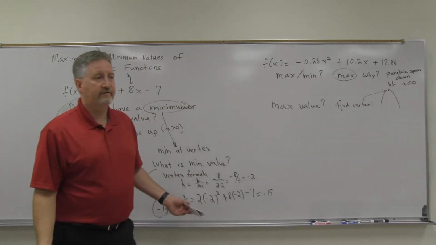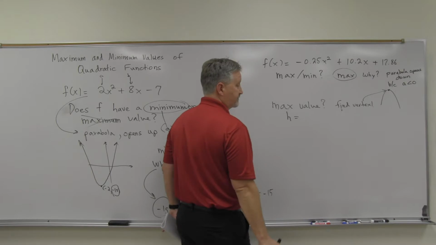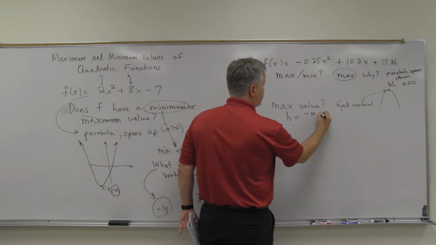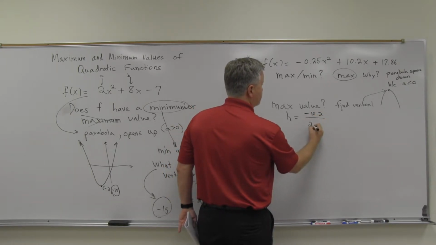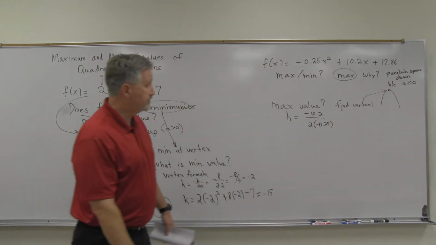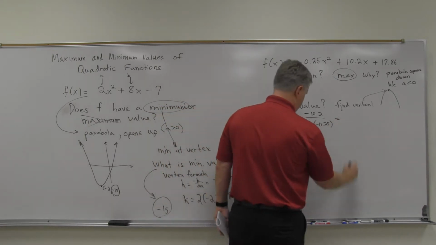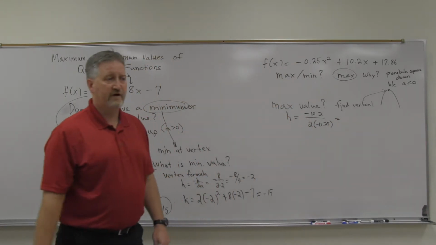Where's that vertex? Again, using the vertex formula, h equals negative b over 2 times a. So in this case, it'd be negative 10.2 divided by 2 times negative 0.25. 2 times negative 0.25 is negative 0.5.